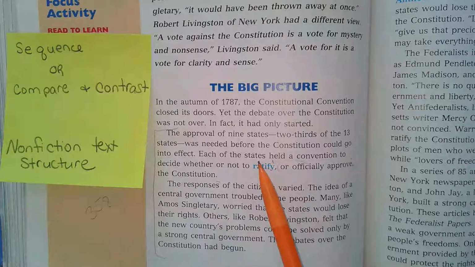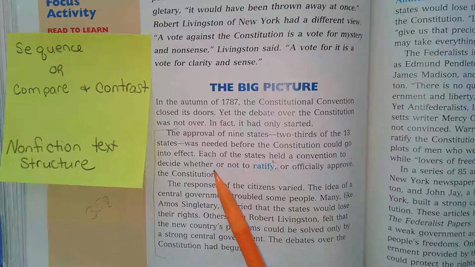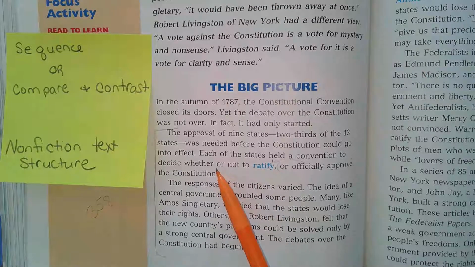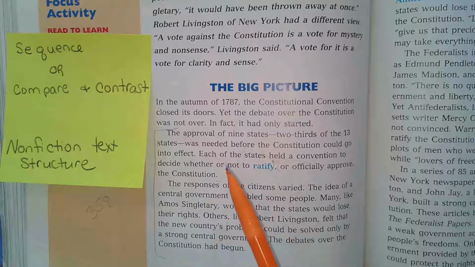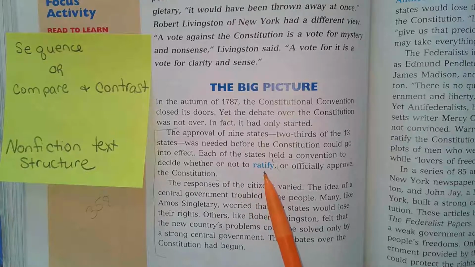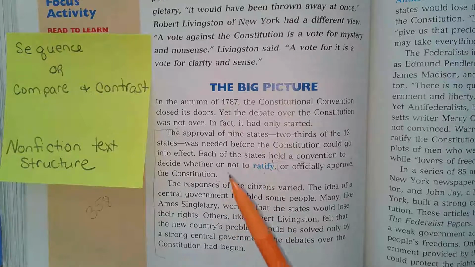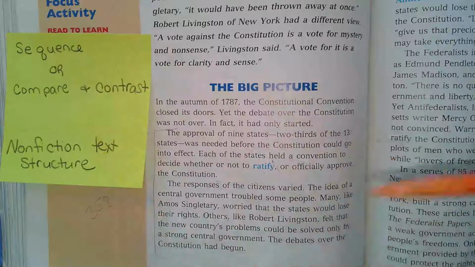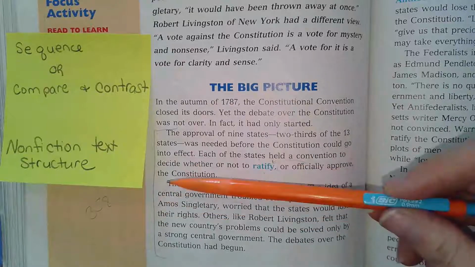Before that step, all of the states have to hold a convention. All of the states have to decide whether or not to ratify. When 9 states say, yep, we officially approve the Constitution, it has been ratified. So this is a sequence. This tells you 4 different steps that it took for the Constitution to be ratified.